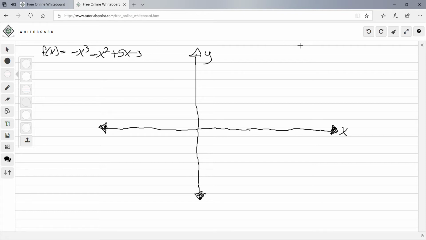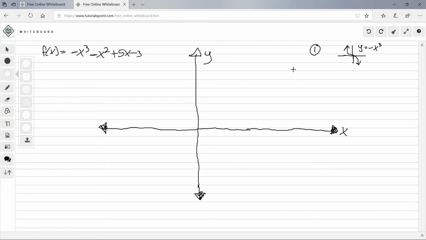Remember we said our first step was to find the end behavior, and the end behavior looks something like y equals -x cubed. So it rises to the left and decreases to the right. So it rises in quadrant 2 and decreases in quadrant 4.